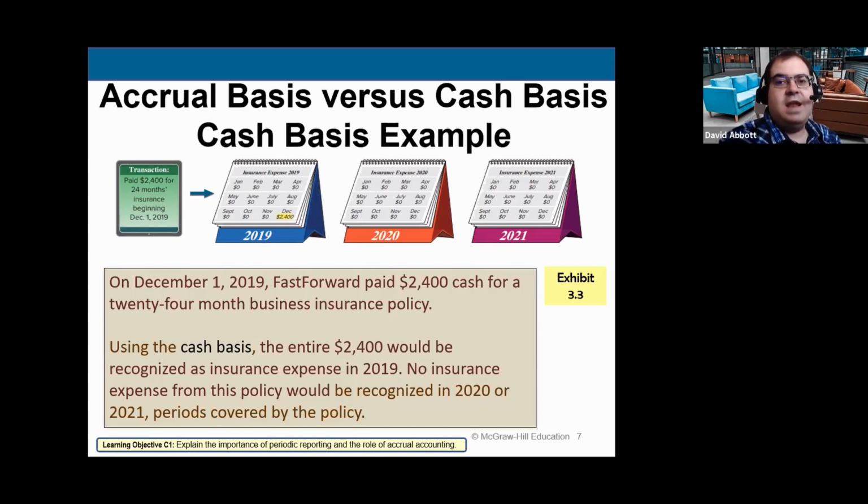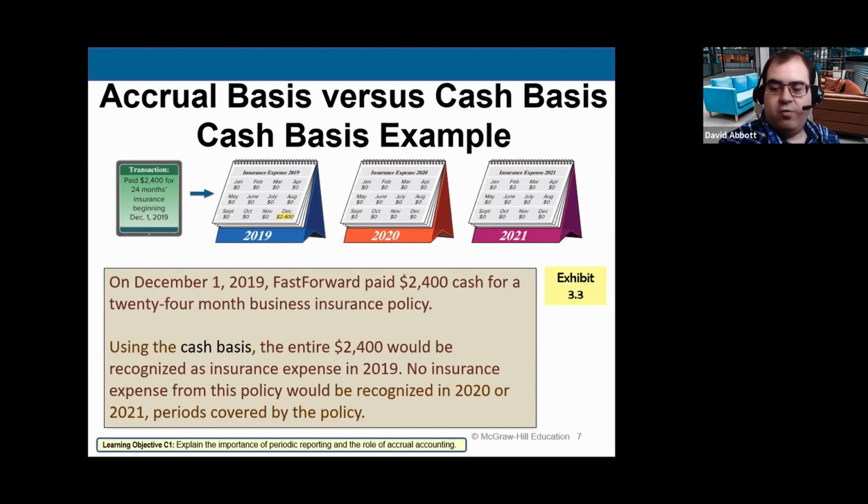And you can see then that that would affect your net income numbers because you're not recording that expense for 2020 and 2021, even though it's something that's involved in that time, because you've already expensed it in 2019. And it makes 2019 maybe seem artificially low. So that's something, again, to be aware of, how you do things.